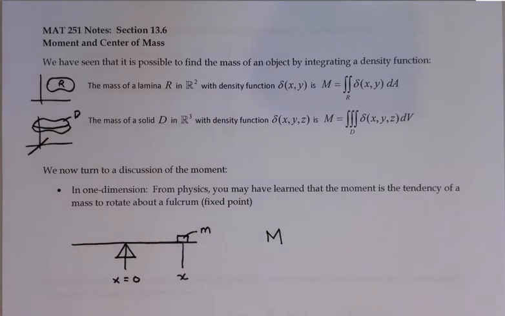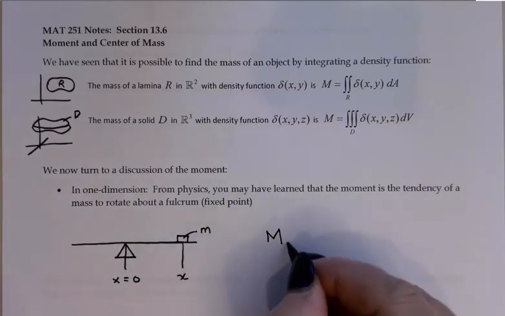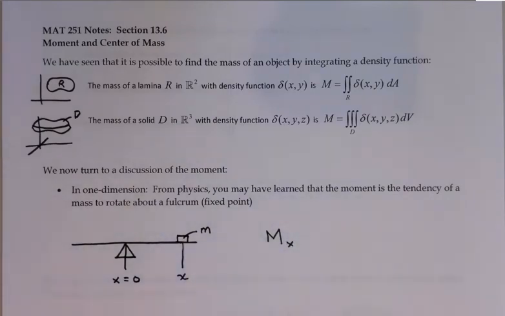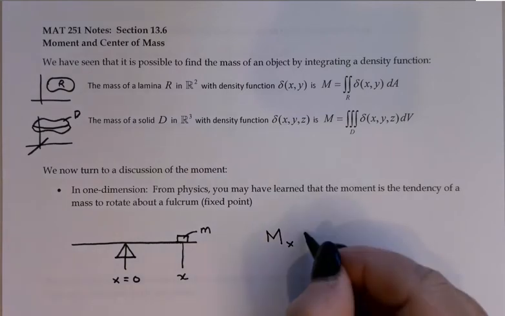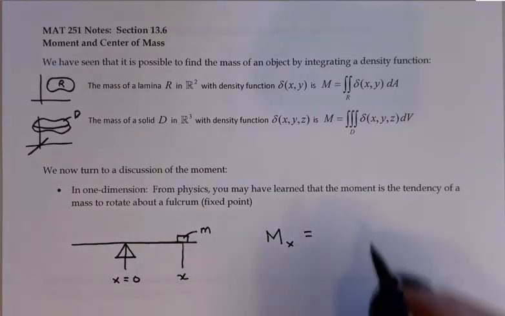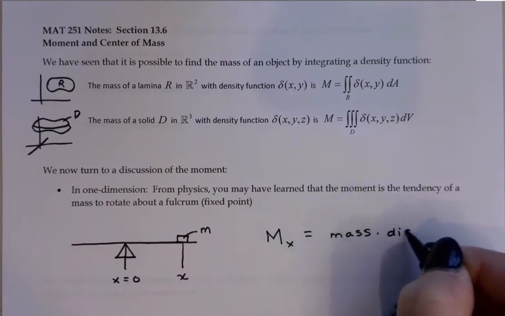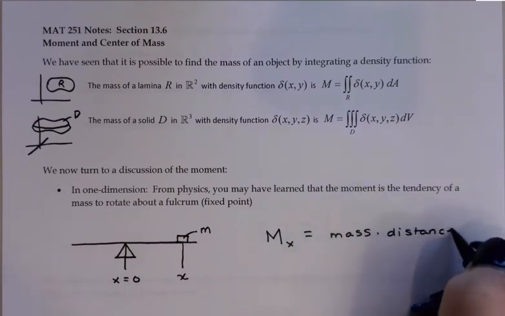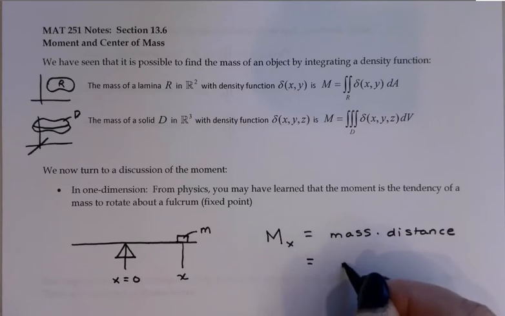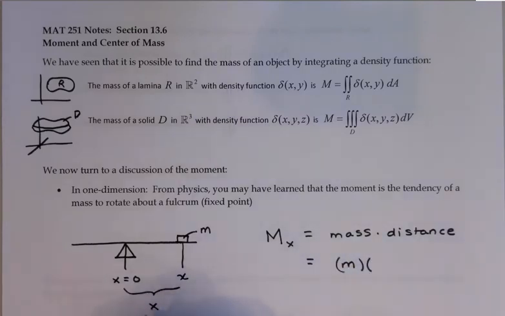Then the moment, and I'm going to put a little sub x down here, we'll talk about that more in a moment, is just equal to the mass times the distance from the fulcrum. So our mass, little m, times this distance x from the balance point.